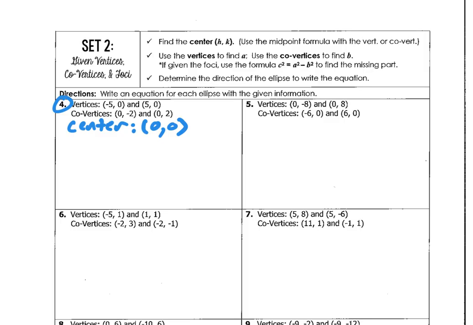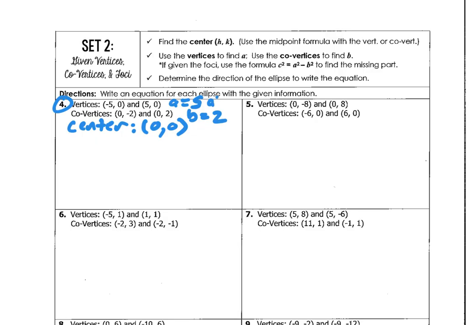And the vertices are always the A value. So we're going to say right here that the A value is 5, because that's my bigger axis. The vertices are always on the bigger axis. The smaller axis is going to be 2. It's only going to go up 2 and down 2 for the co-vertices.